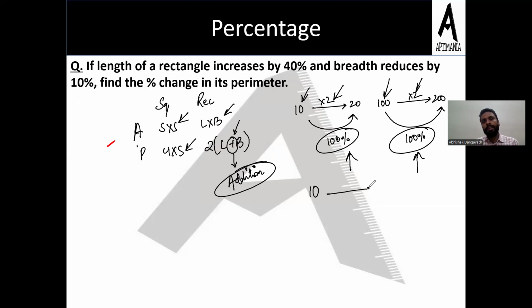Addition में देखते हैं, 10 plus 2 is 12, मतलब it's a 20% increment. 100 plus 2 is 102, मतलब it's a 2% increment.